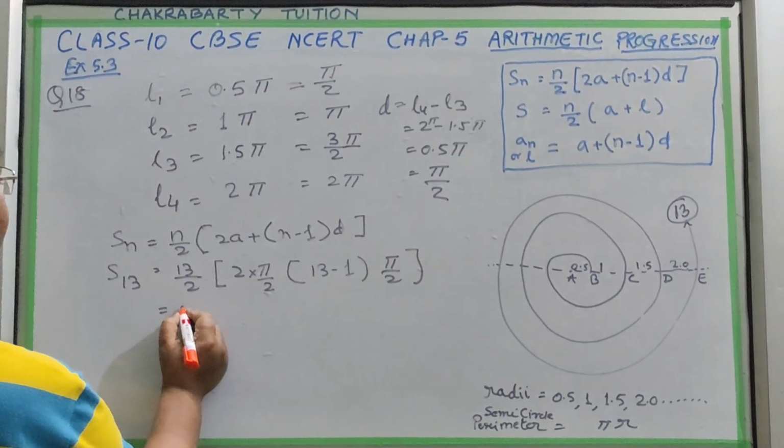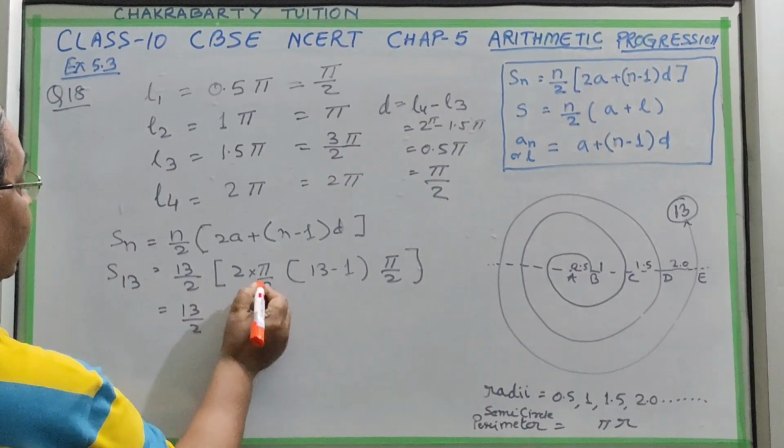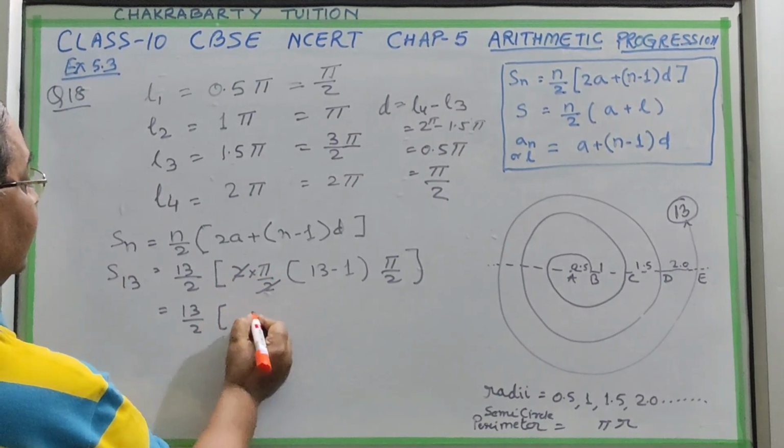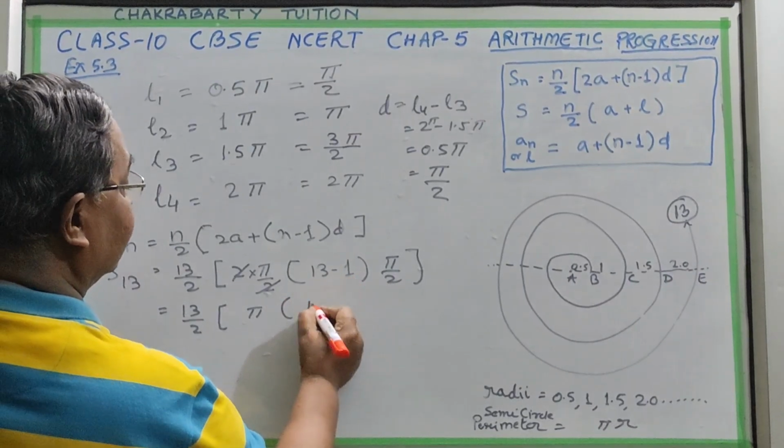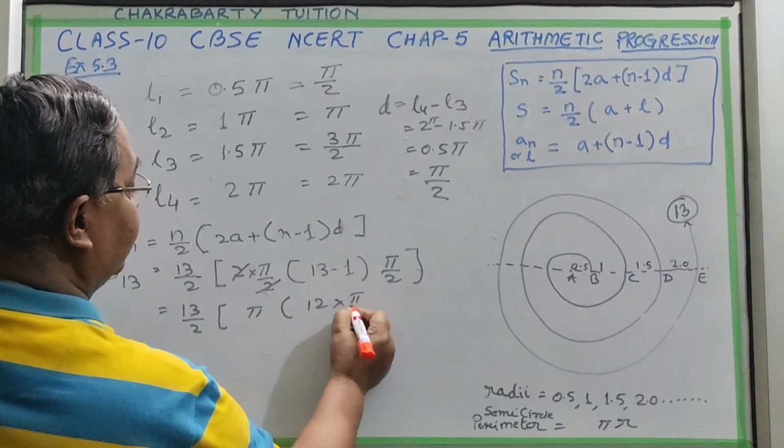So we will solve it. 13 by 2, here we will cut, so pi will remain, and here 12 into pi by 2.